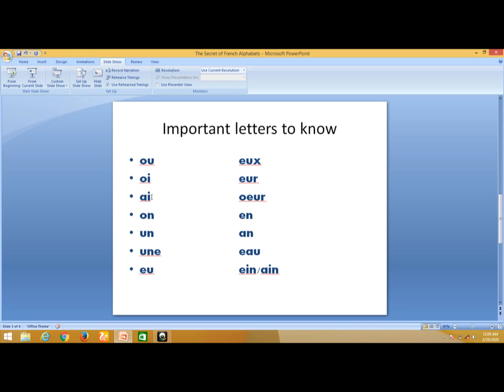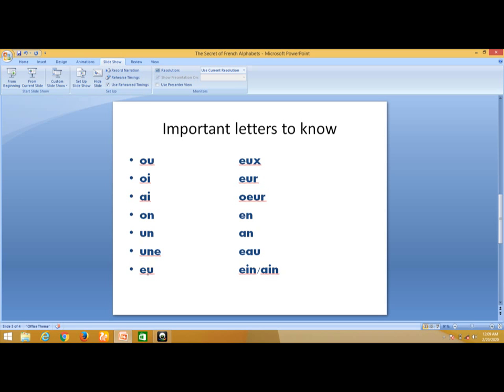A and I, it is E. O and N, it is pronounced as U. Or U and N is pronounced as U, and U and N and E is pronounced as une.